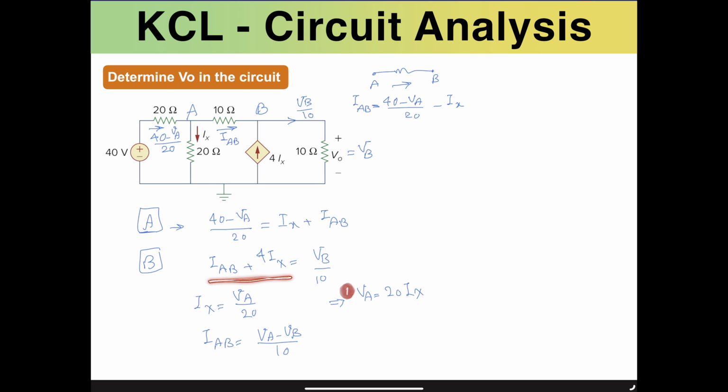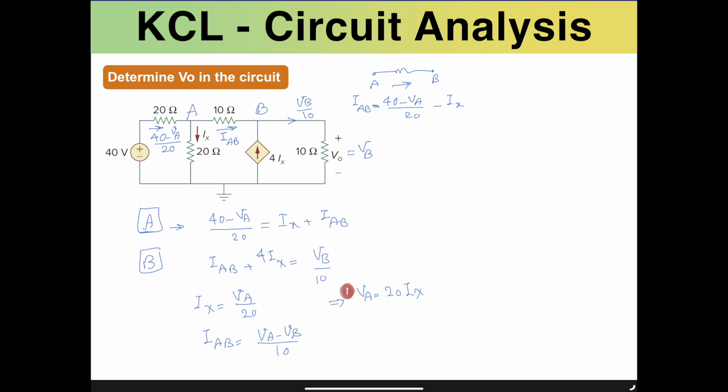For instance, the second and fourth equations are going to be similar when you consider VA as 20 Ix, with VA in terms of Ix and all of the other parameters exactly the same between these 2 equations.